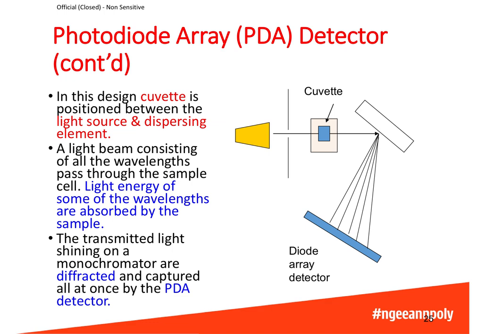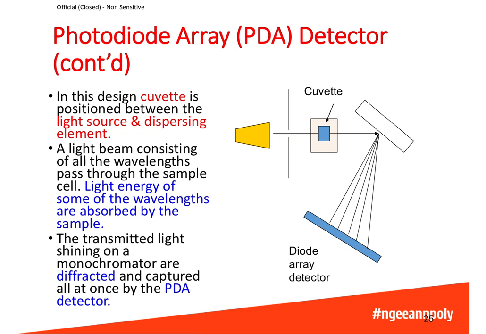For instruments that use a photodiode array detector, the design of the equipment is slightly different. Take a look at the diagram. In this design, instead of having a single wavelength pass through the sample in the cuvette, all the wavelengths from the light source will pass through the cuvette.